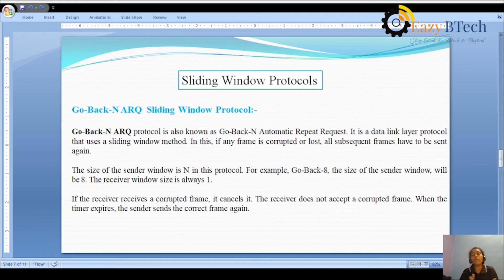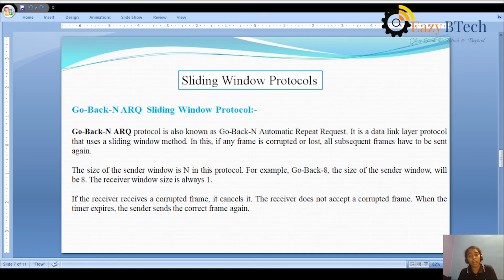The only drawback is that whenever one frame is corrupted while sending from source to destination, the next frames that are ready to send will also be sent again. The corrupted frame will not be accepted by the receiver.